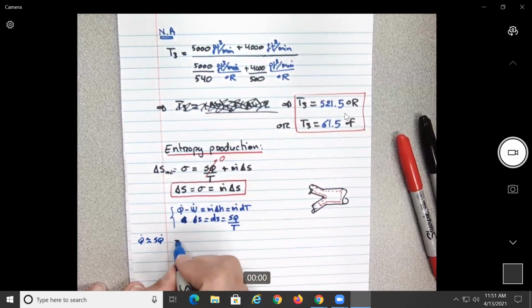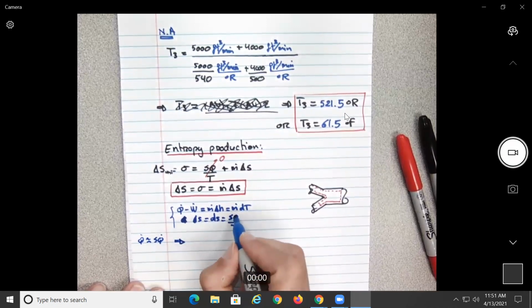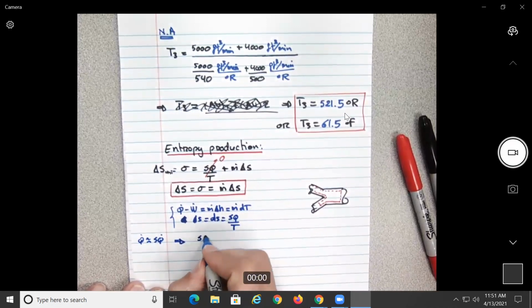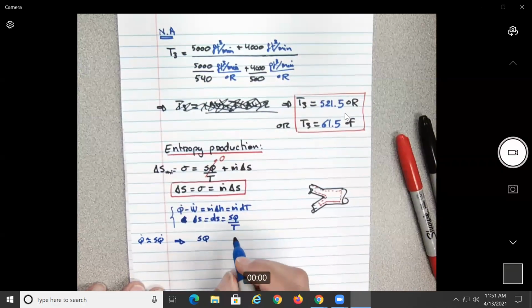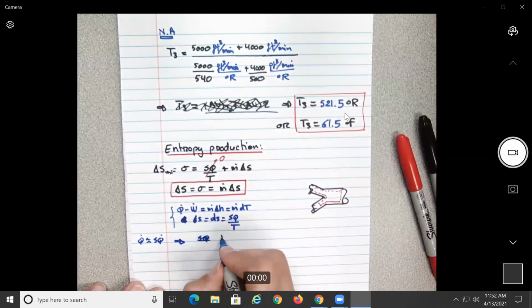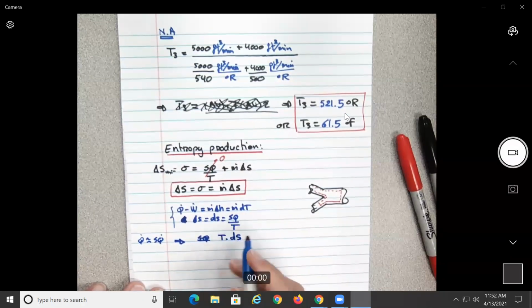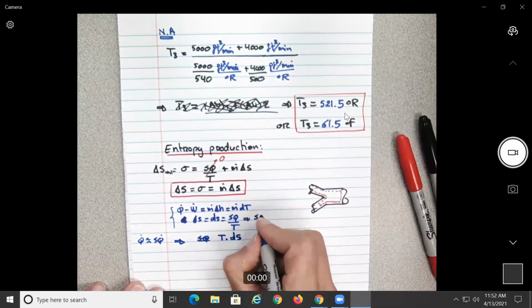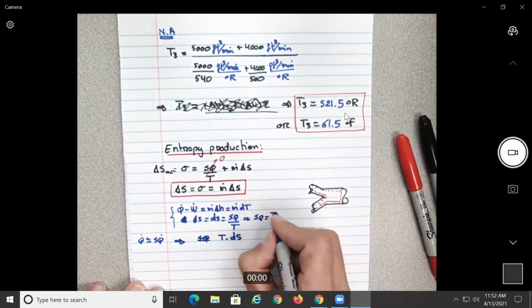So this will give us, sorry, this will give you TdS. This is the TdS relation. I substitute this delta Q, so delta Q is basically equal to TdS.